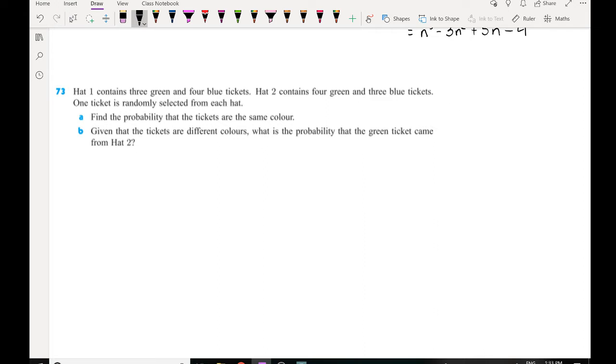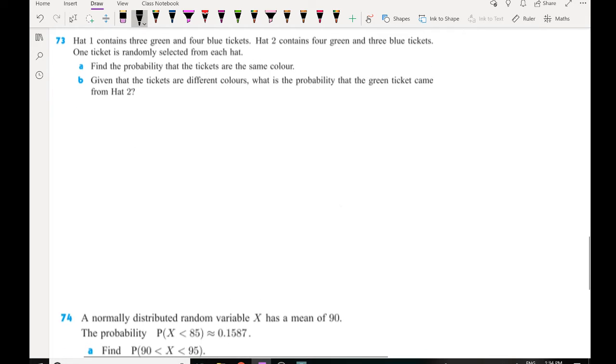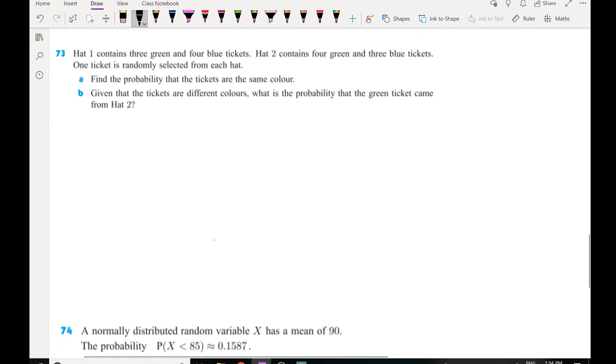So, on to number 73. Hat 1 contains 3 green and 4 blue tickets. Hat 2 contains 4 green and 3 blue tickets. One ticket is randomly selected from each hat. Find the probability that the tickets are the same color. So here's a tree diagram question where we have to make the tree ourselves.